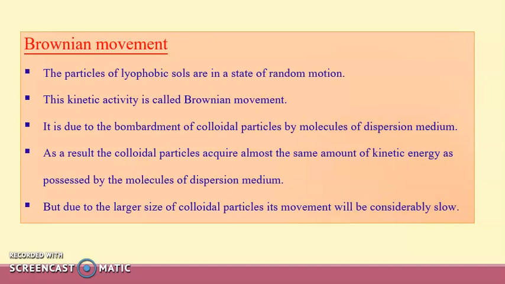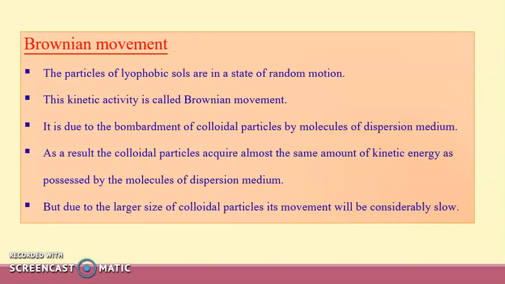As a result, the colloidal particles acquire almost the same amount of kinetic energy as possessed by the molecules of the dispersion medium. But the particles in the dispersed phase are of larger size than the particles in the dispersion medium.